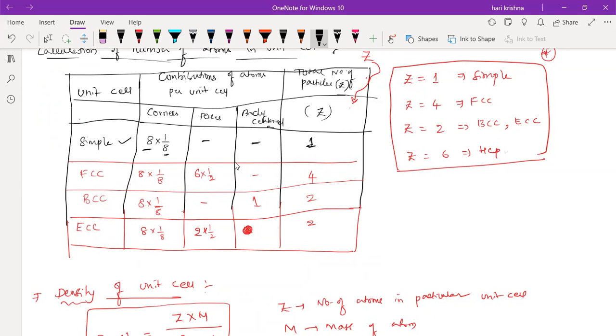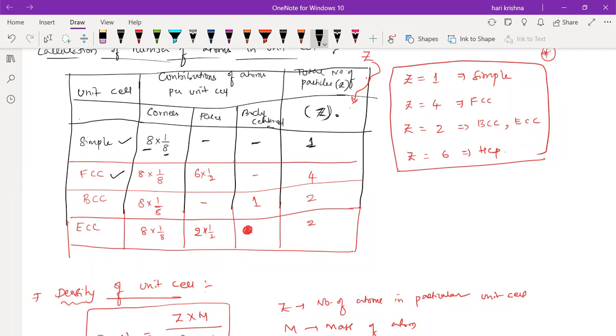So how many effective number of atoms are there in the simple unit cell? Only 1 is there. What about in the FCC? 8 into 1/8 plus 6 into 1/2, 4, sir. So the Z value is 4 in the case of FCC.